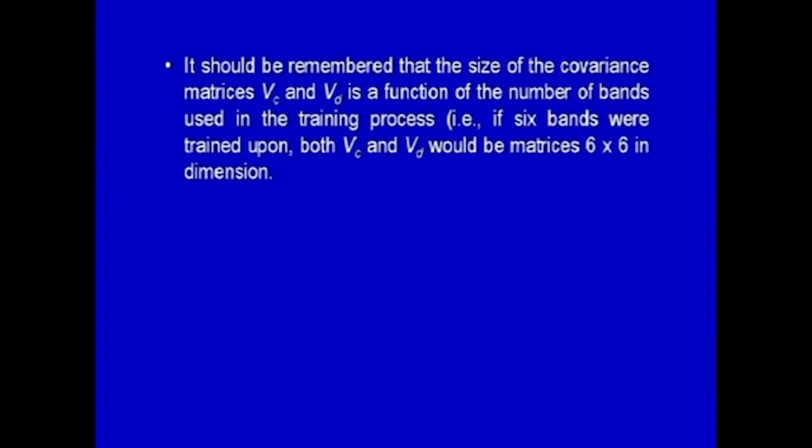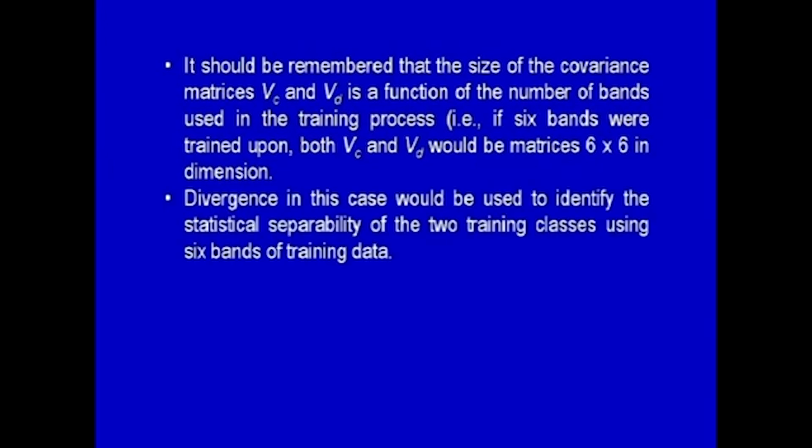It should be remembered that the size of the covariance matrices V c and V d is a function of the number of bands used in the training process. That is, if 6 bands were trained upon, both V c and V d would be matrices of 6 by 6 in dimension.